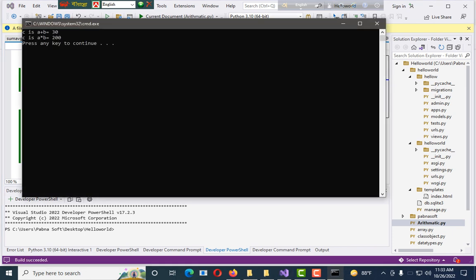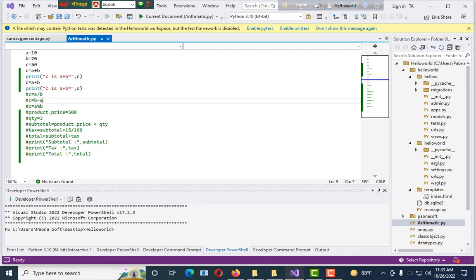Okay, a multiply b equal to 200. 10 into 20 equal to 200. That is, a multiply b equal to 200.